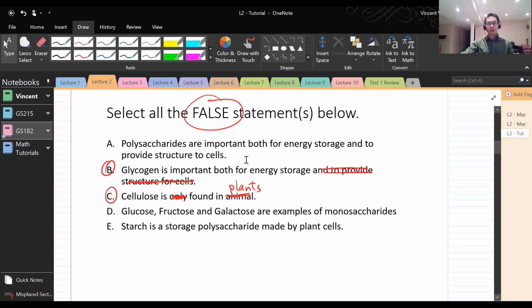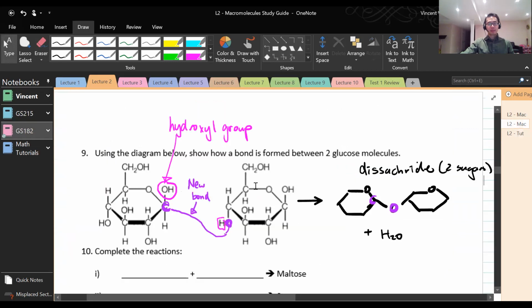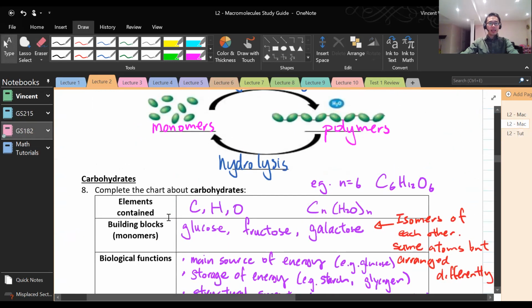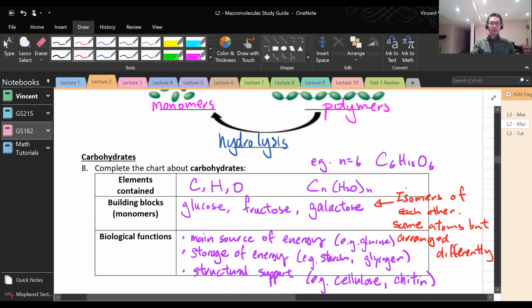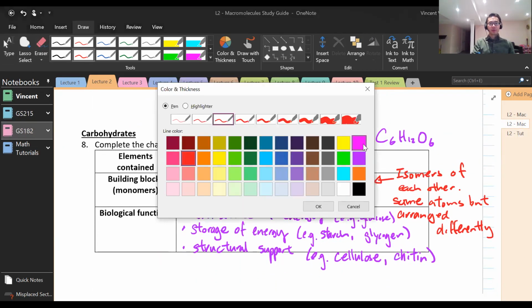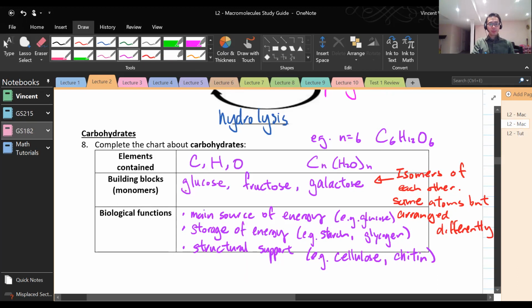All right, let's go back to the study guide. In case I was not being clear here, I should have written it down earlier, so let's write it down again. These building blocks are mono. Mono means single. Saccharide.